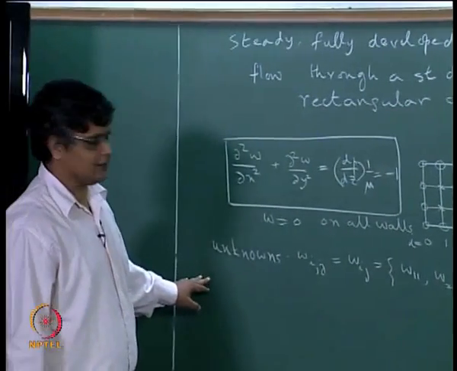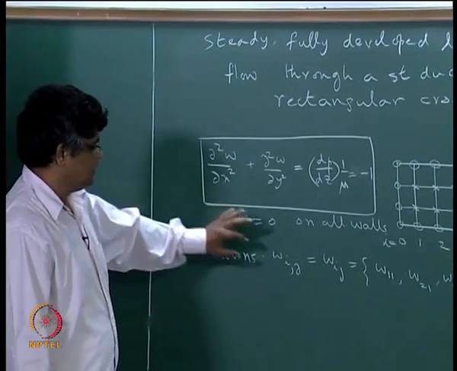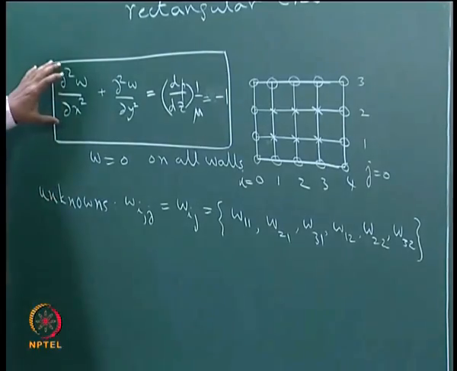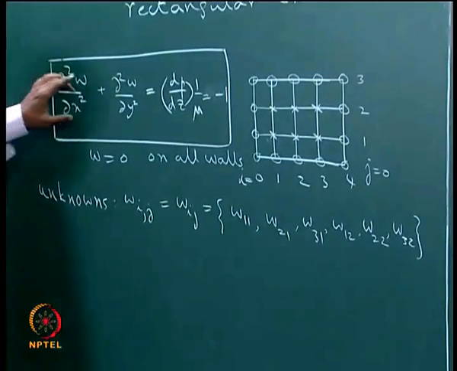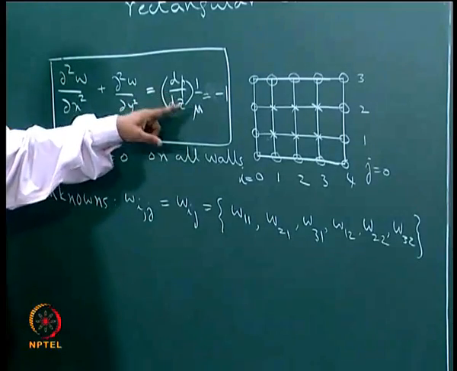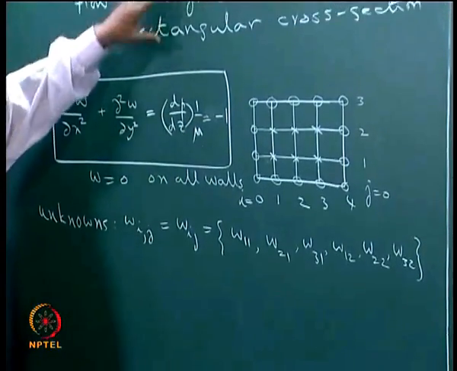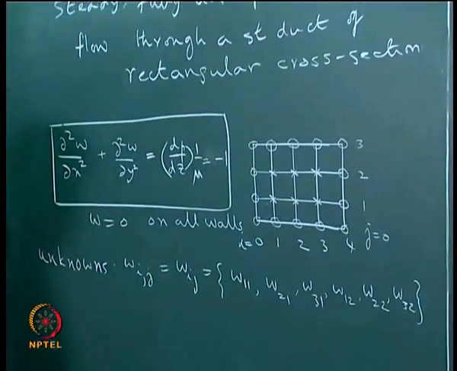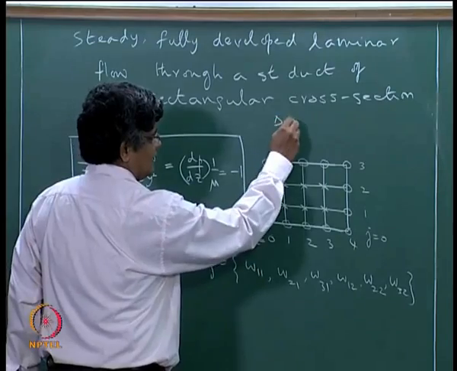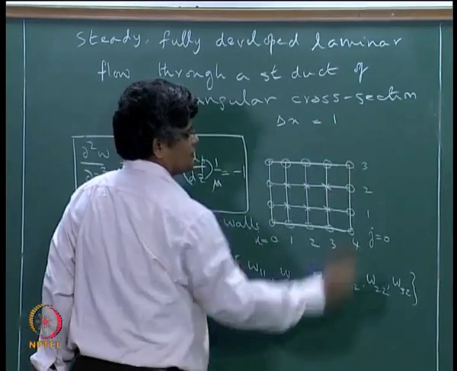So there are 6 unknowns, and these are the values that we want to find, subject to the W distribution satisfying this condition and also this equation, where the right hand side is given as -1. So the pressure gradient divided by viscosity for this fully developed flow within this rectangular duct is this. Now here we are taking the case of delta x being constant, and let us put this as 1 unit.